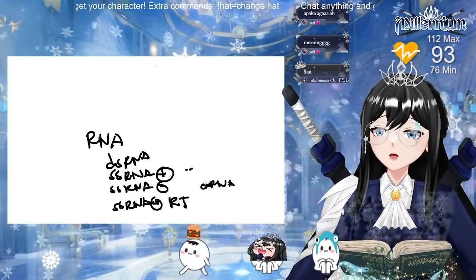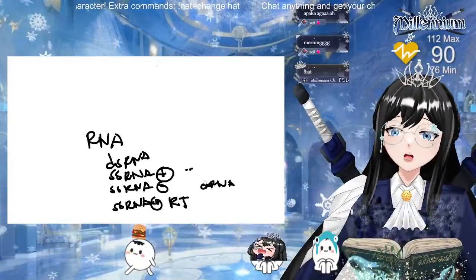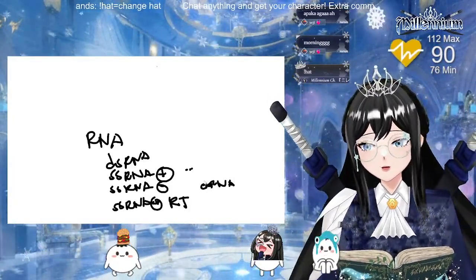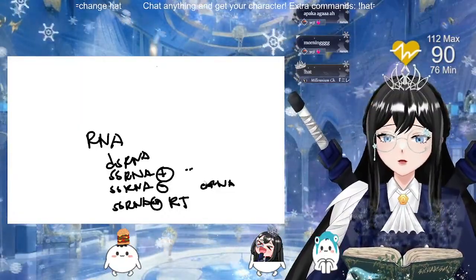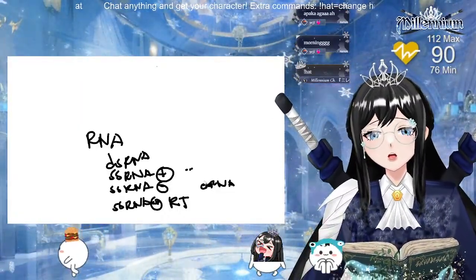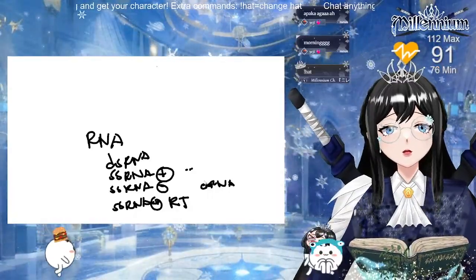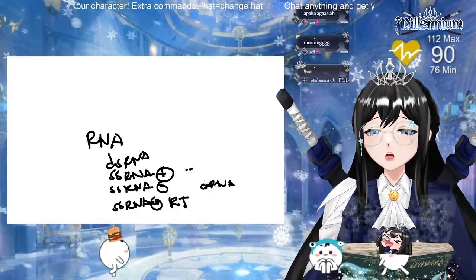So that's the difference of the plus and the minus sense. Again, the difference between the plus RNA virus versus negative RNA virus. The plus RNA virus, you can just directly use their gRNA as the mRNA.